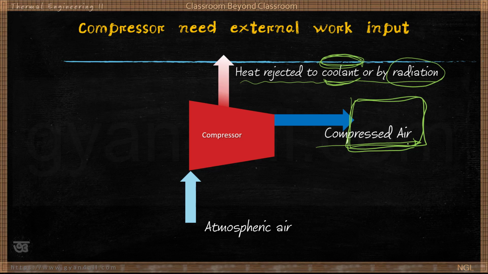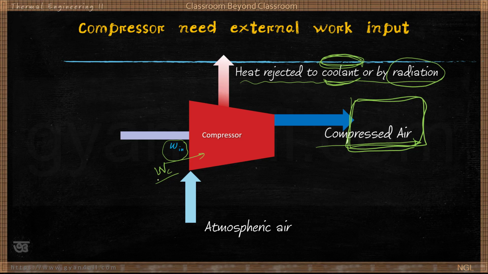Now, I have mentioned that the compressor needs some external work input. So we must run the compressor. For that we need a power input. That means work has to be input. We can call it WC, or W in, that means work input to the compressor.